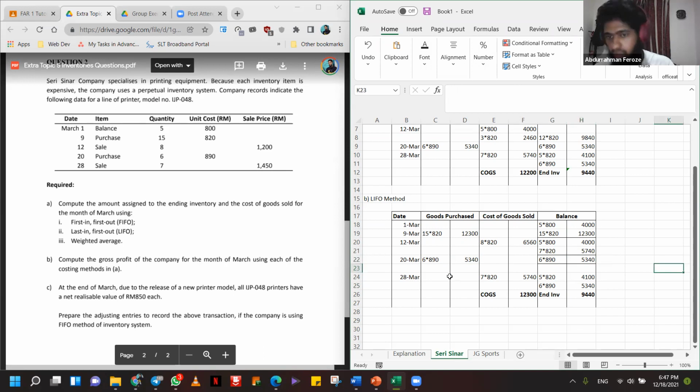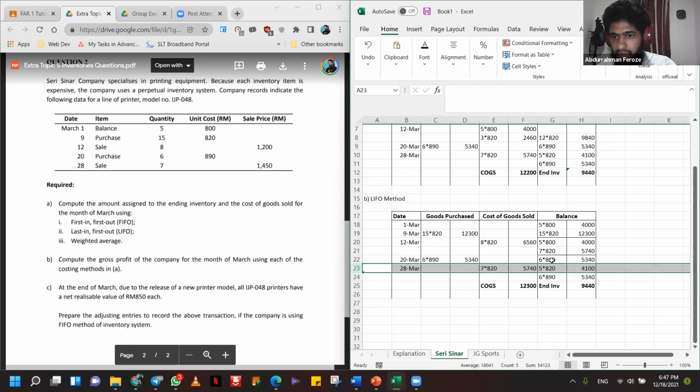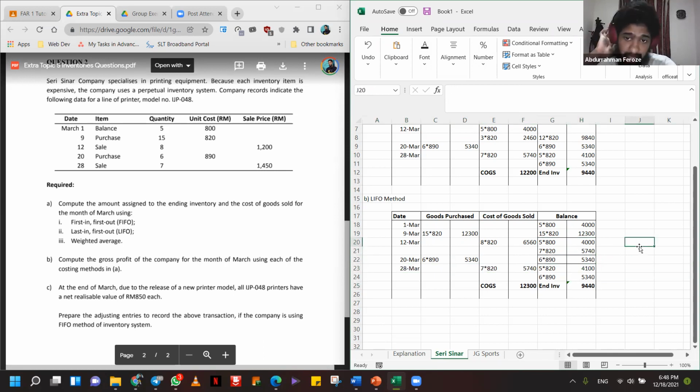So now going into 28th March, these 3 printers are remaining, right? So we have what was remaining on 12th March, which is these, and then we have what we bought on 20th March. So on 28th March, we sell 7 printers. Now these are the oldest batch, the second oldest batch, and the third batch.